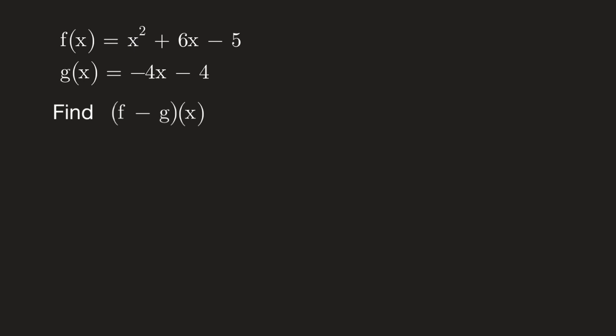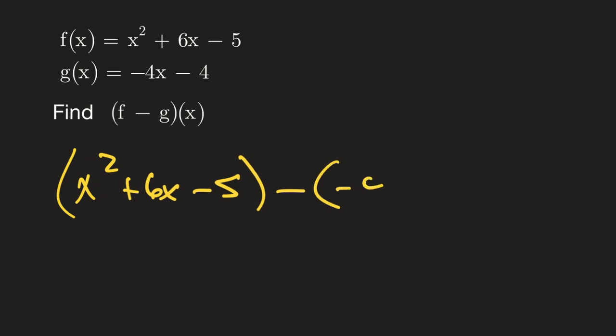They're not going to have us evaluate that result for any particular type of number. So whenever they ask you to operate on these functions and all they give you in that little set of parentheses is an x, that means you're just going to, in this case, subtract the two functions. We are literally going to take x squared plus 6x minus 5, and we are going to subtract off negative 4x minus 4.